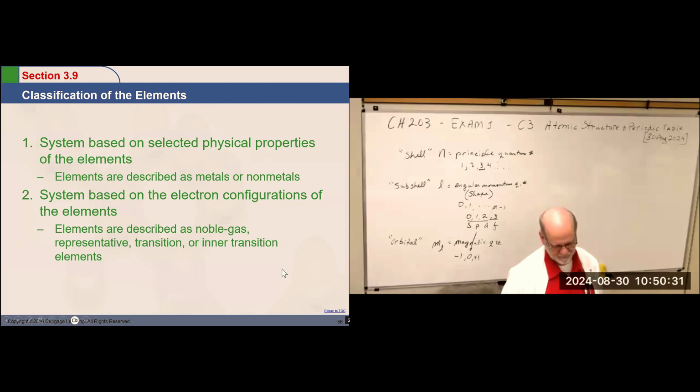Now they're making a distinction between transition elements and inner transition elements. The transition elements are the ones that are filling the d orbitals in that middle group. The inner transition elements are the lanthanides and actinides because they're inside the transition group.